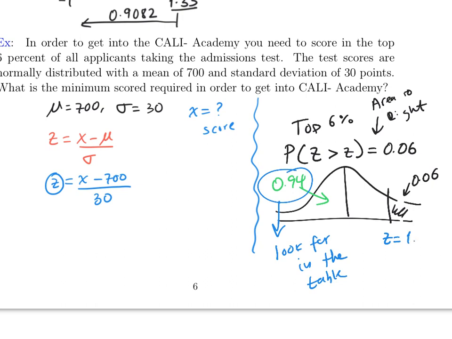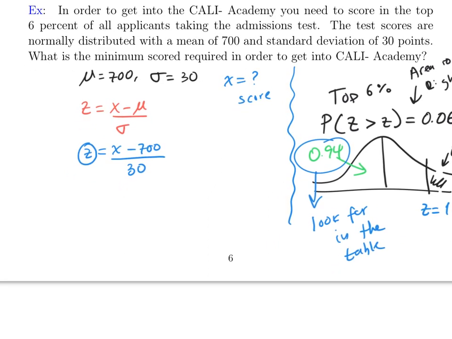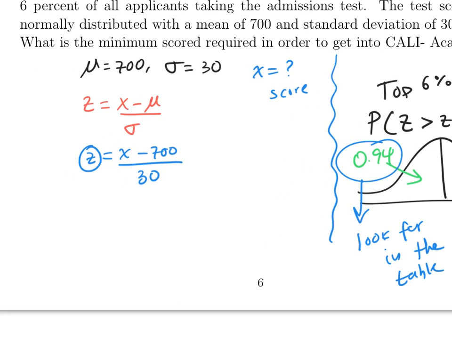It was 1.56 or 1.55. I think it was 1.56. So we did this in the previous section. Once you find that, then it's very easy to solve the problem. Why? Because now you know z is 1.56.